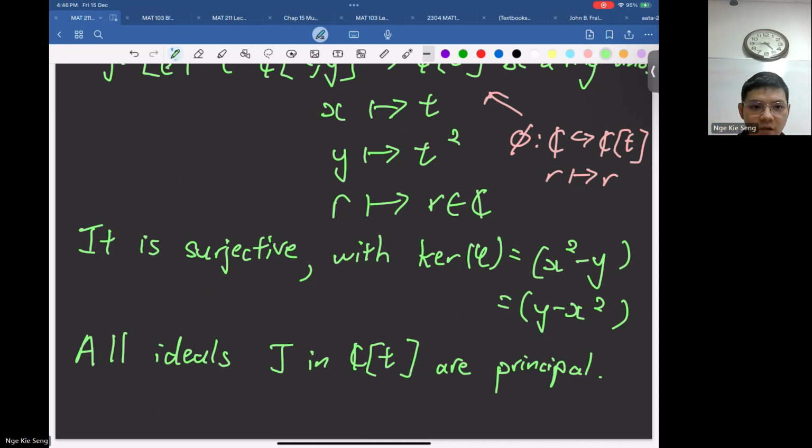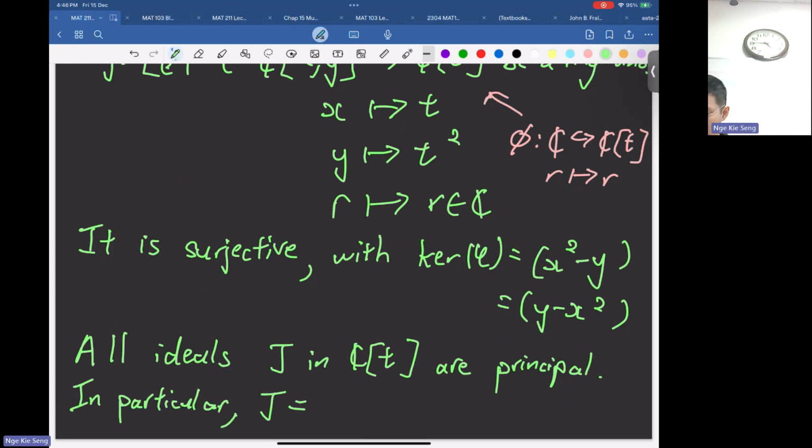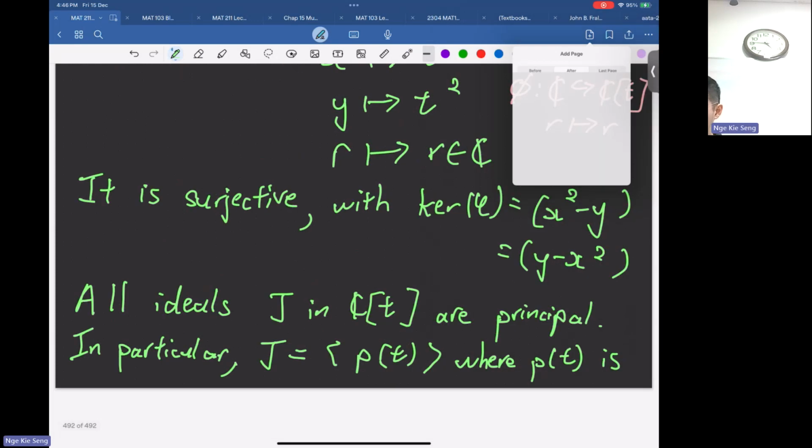Okay, so we can take, so in particular, J is generated by one p(t), okay, where p(t) is monic.